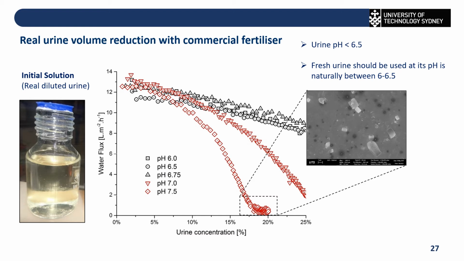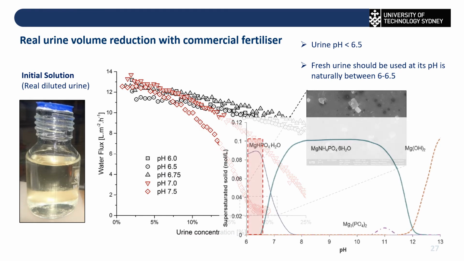So when you have a urine concentration up to 20% at pH 7.5, we found out very high inorganic fouling on the membrane surface, reducing this water flux.